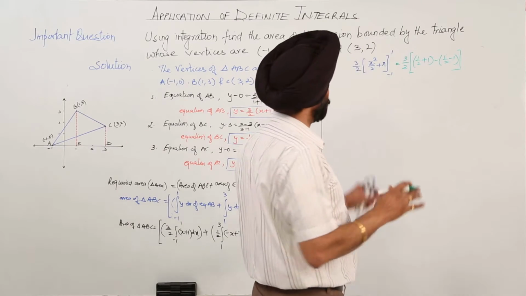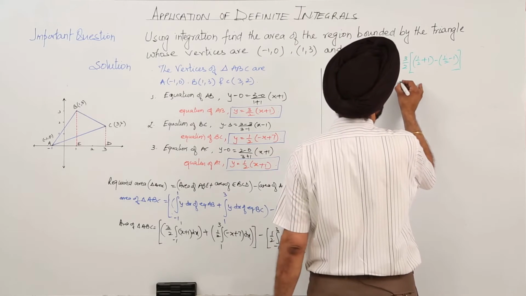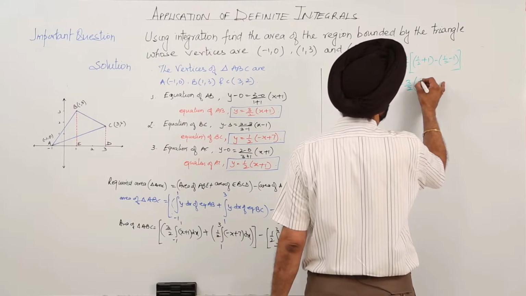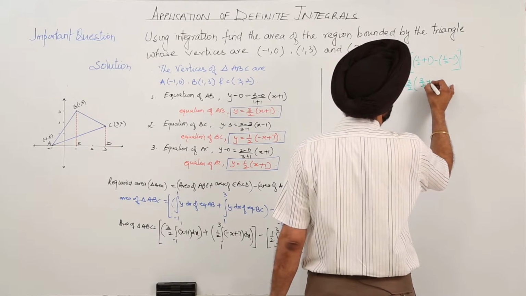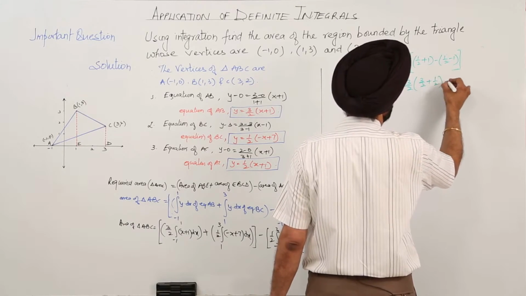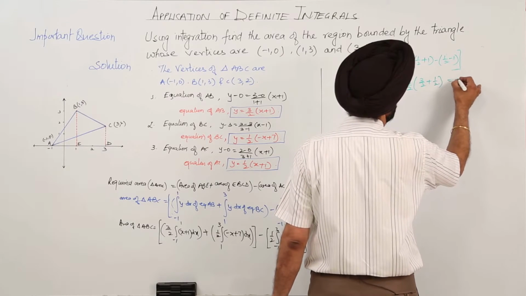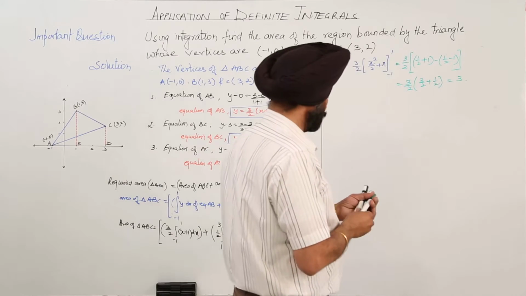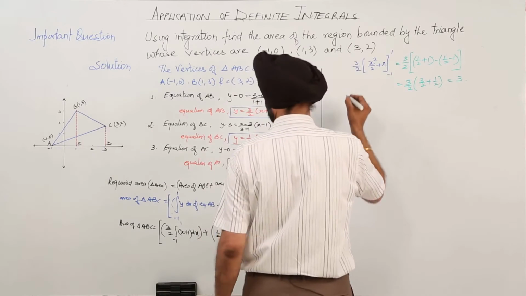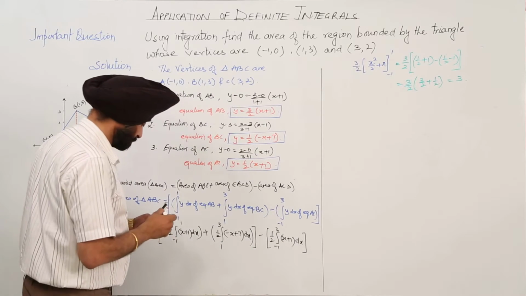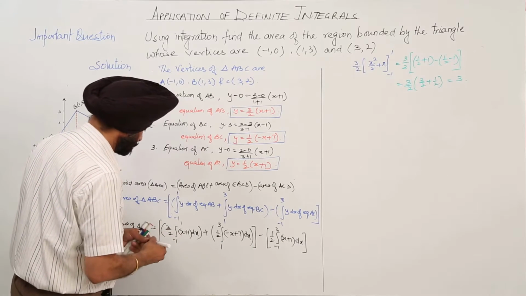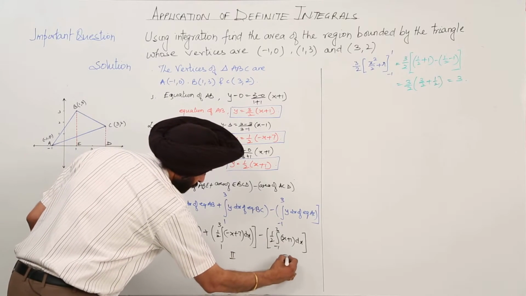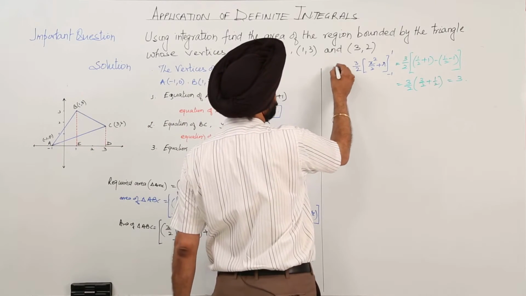Is it clear? So I am doing it separately. Now this becomes 3 by 2 times (3 by 2 plus 1 by 2), which is equal to 3. Let this be the first part, this the second and this the third. So we have done the first part.